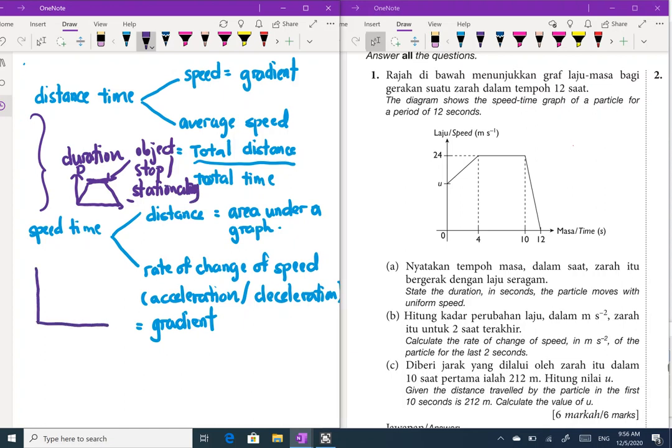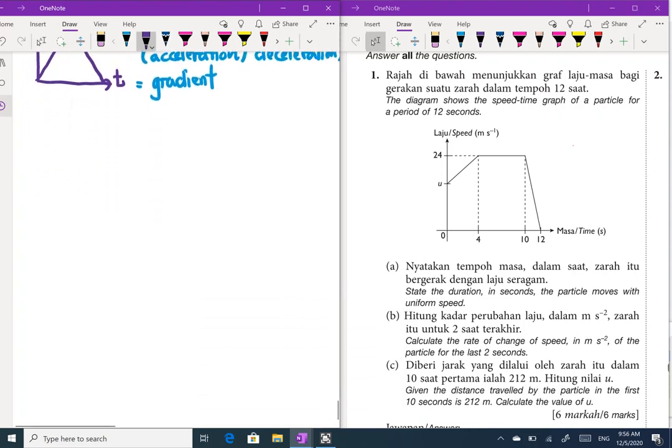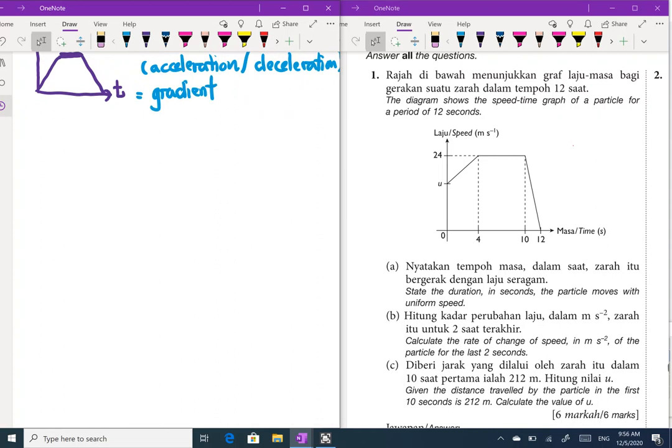For a graph of speed versus time, the horizontal line we call uniform speed. 就是平均的速度，它是维持不变的，这个叫 uniform speed. So we only learn two graphs for this chapter. So I hope you can master it because not so much formula for this chapter.